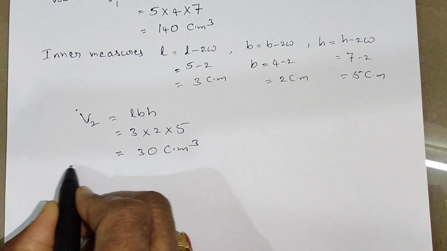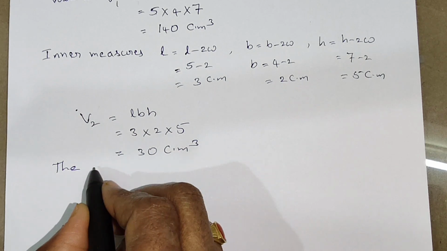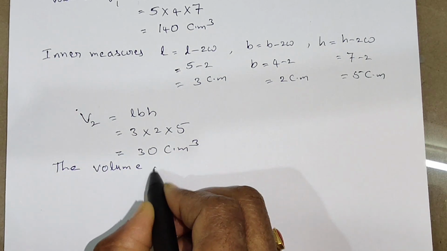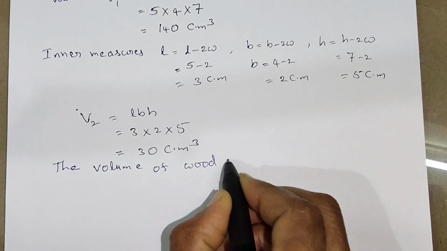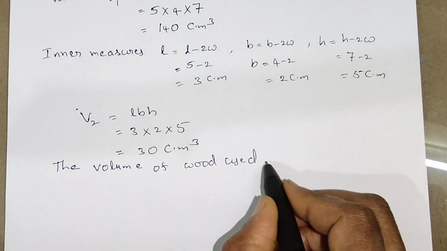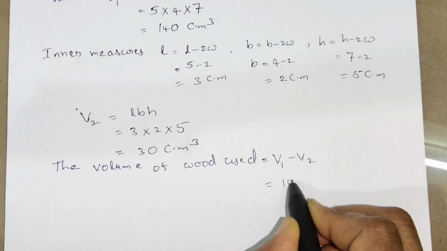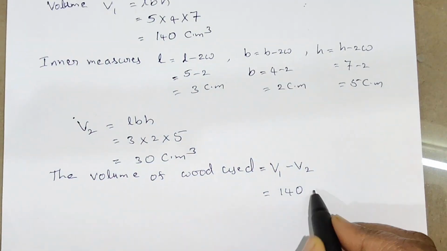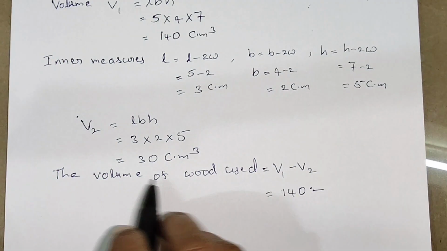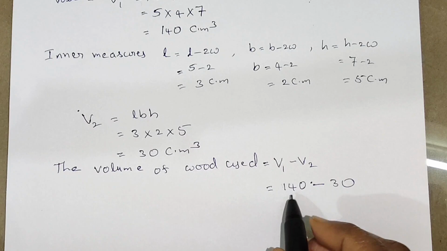So now we find the wood volume. The wood volume is the volume of the wood used, which equals V1 minus V2. V1 equals 140 centimeter cube, minus V2 equals 30.